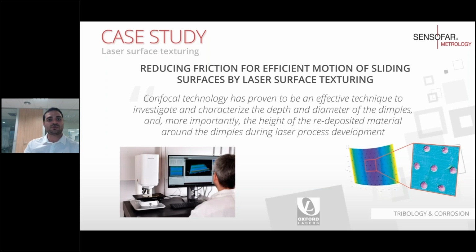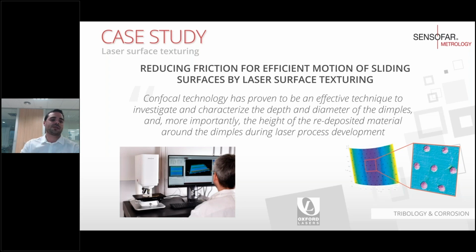First, we start with Oxford Lasers. What they wanted to do is to apply some dimples or some holes with this kind of laser texturing, and monitor the process, giving some iteration to obtain a better process to reduce the coefficient of friction.